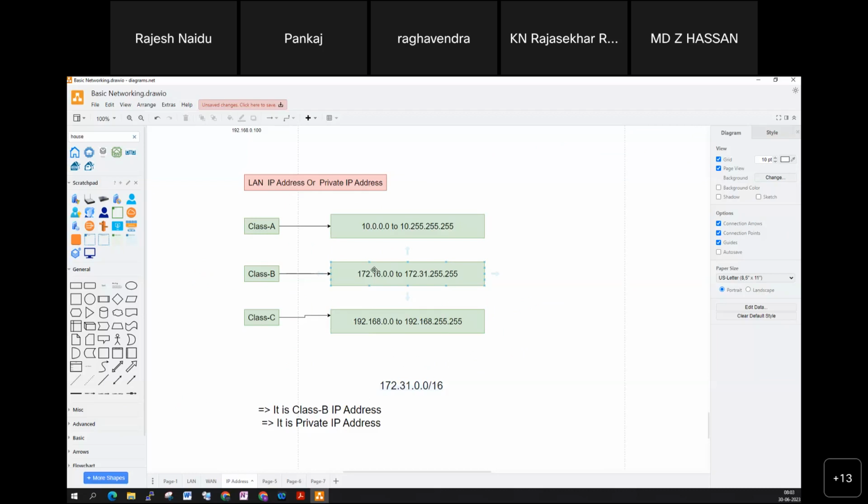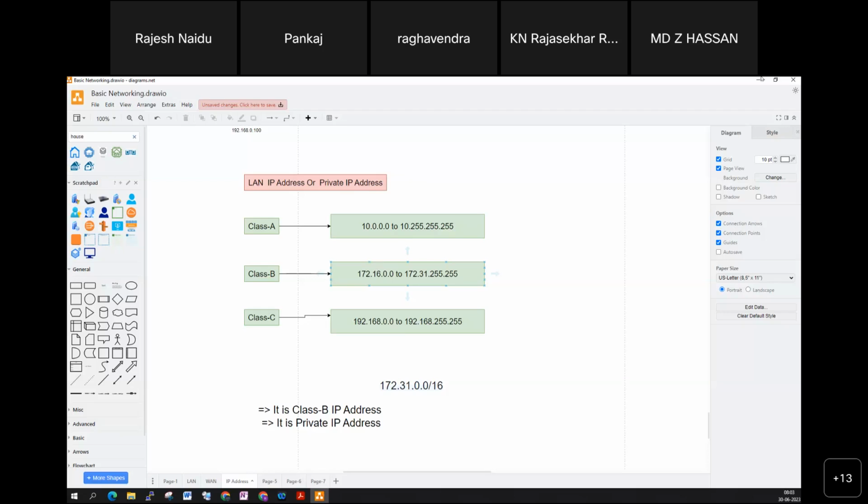Hyderabad is not twin cities, it is a tri-city now. Hyderabad, Secunderabad, Cyberabad. Secunderabad is separate, Hyderabad is separate, and Cyberabad is separate.